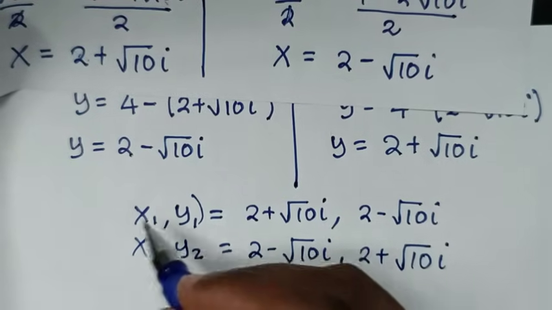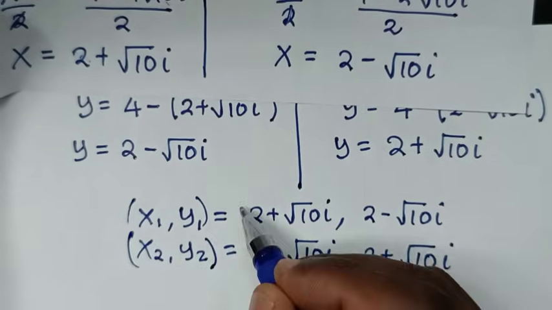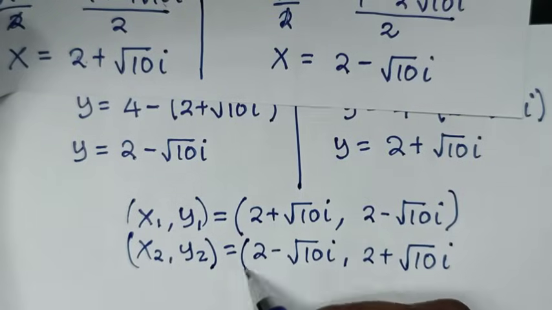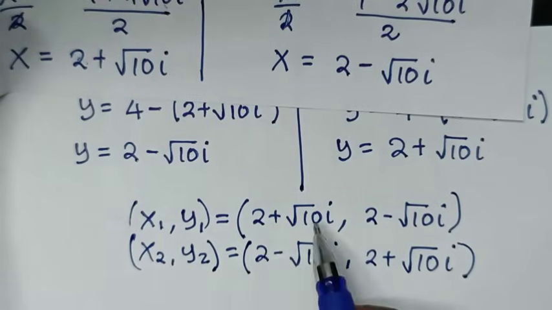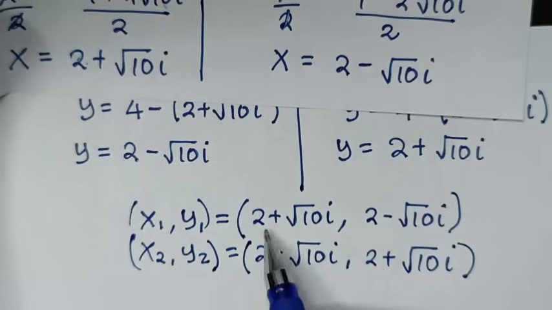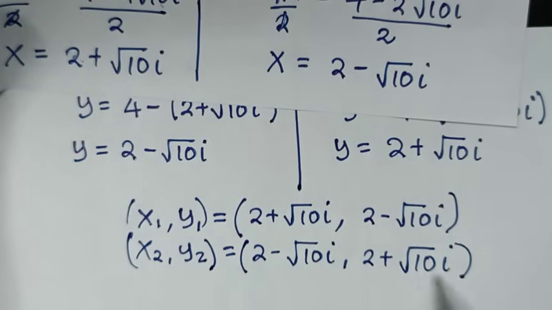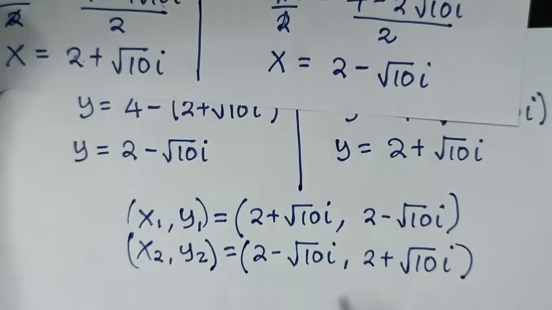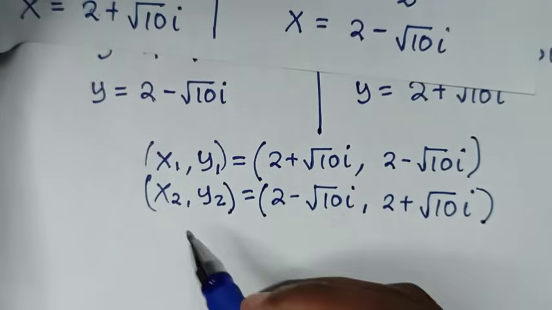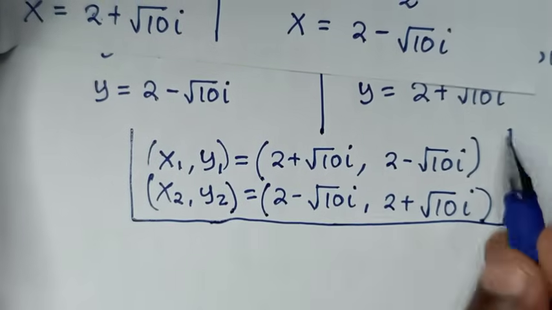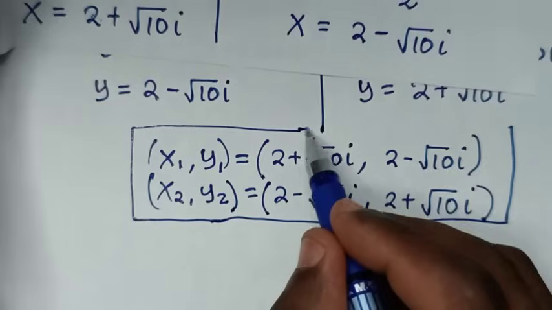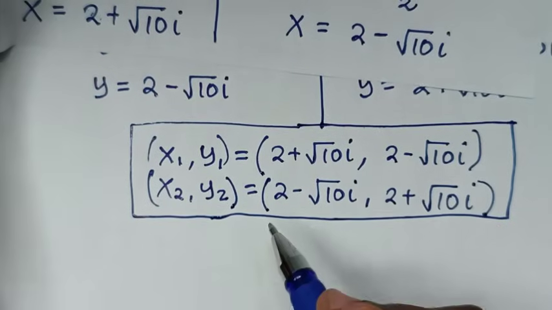So these are the values of x and y, which are imaginary solutions, where you can see they exchange the values, 2 plus square root of 10i in x and in y, here in y and in x. So these are the imaginary numbers from the first solution.